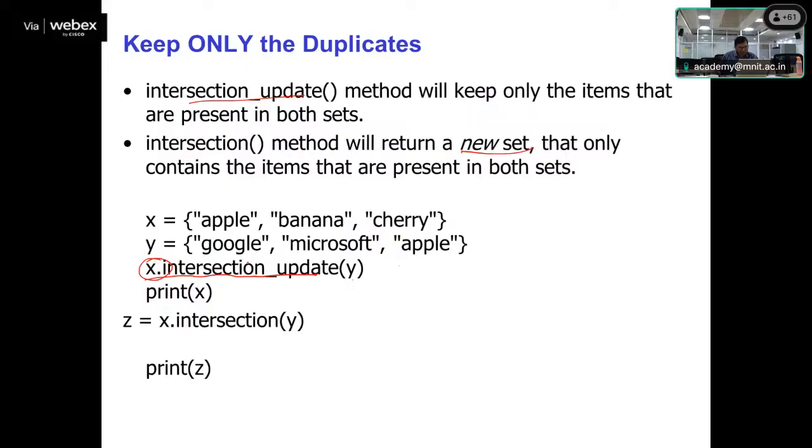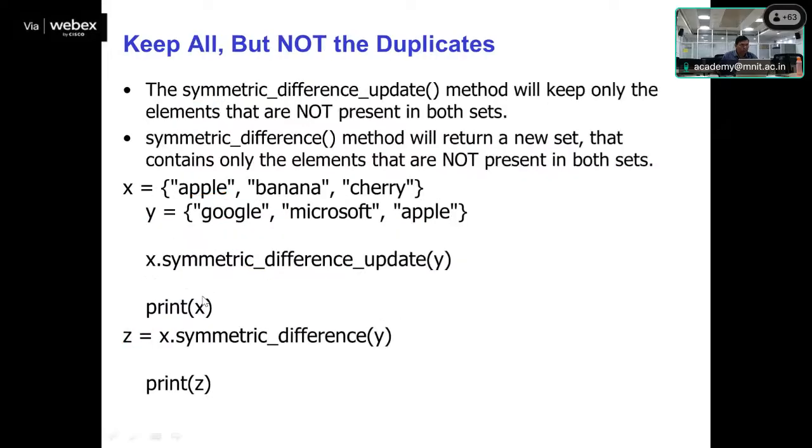So x is going to be updated. Here we have apple which is common and no other item, so we get x as apple. If we write x dot intersection y, in that case we get a new set which consists of the items present in both sets x and y, and x will not be updated.